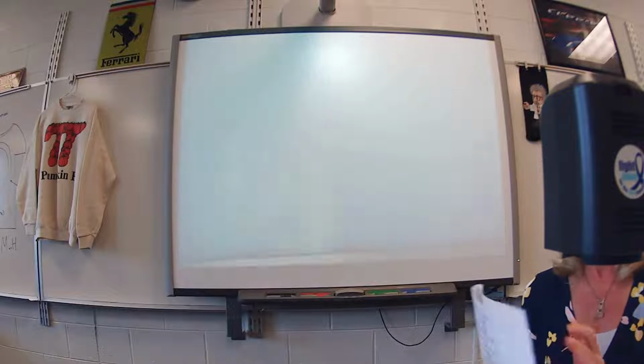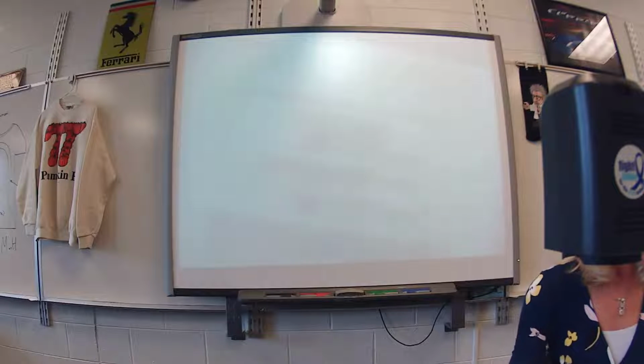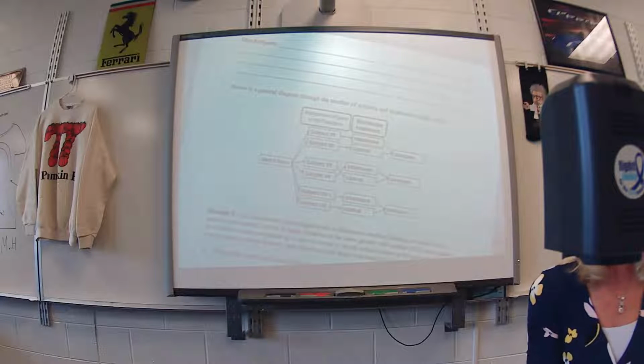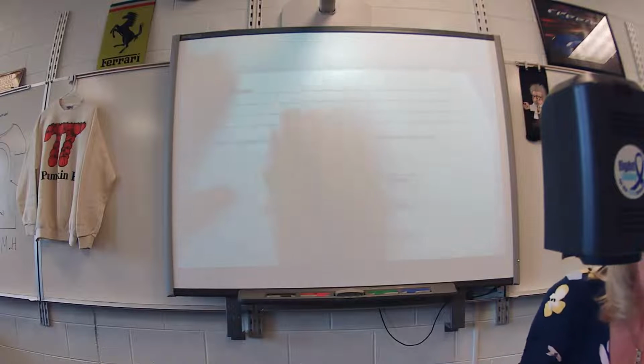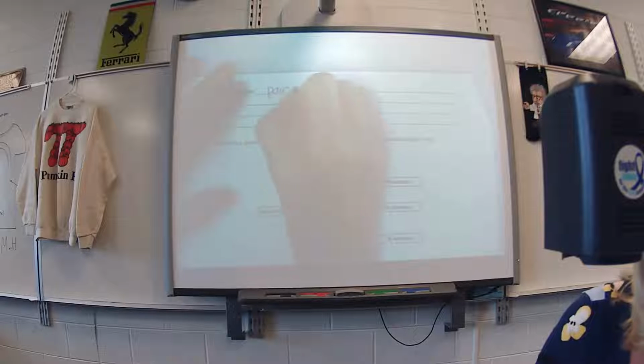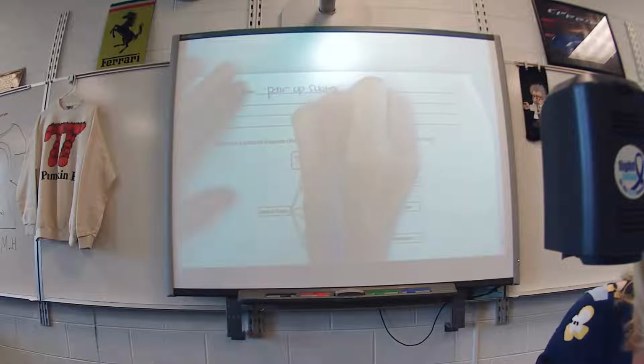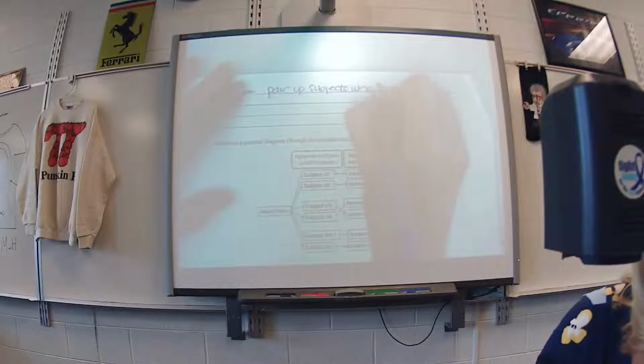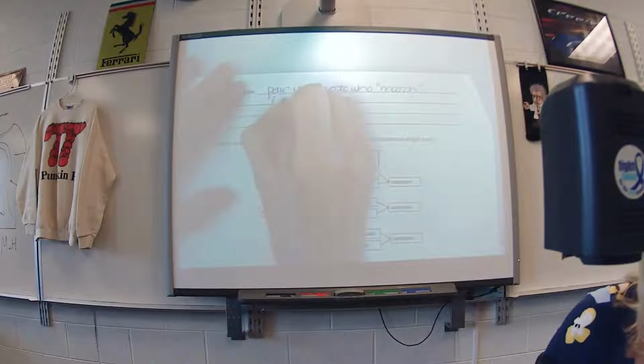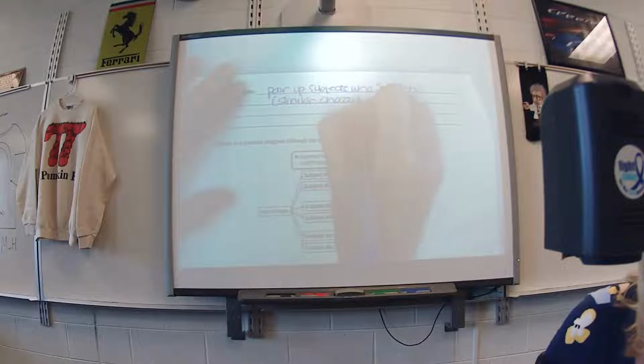All right. The next one is called a matched pairs. And a matched pairs is exactly what the name says. You are going to pair up subjects who match. In other words, you're going to pair up subjects who have similar characteristics.